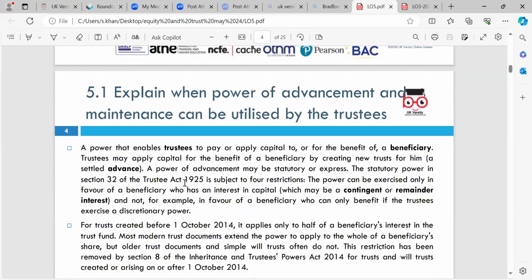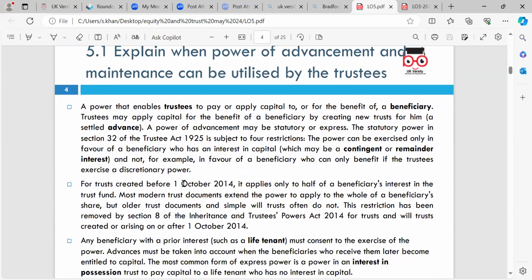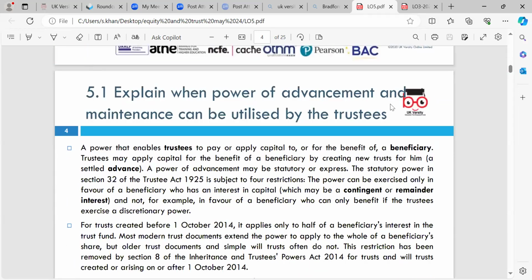So 5.1, explain when power of advancement and maintenance can be utilised by the trustees. So elements of this could be the fact that trustees have the power to identify certain elements, okay?